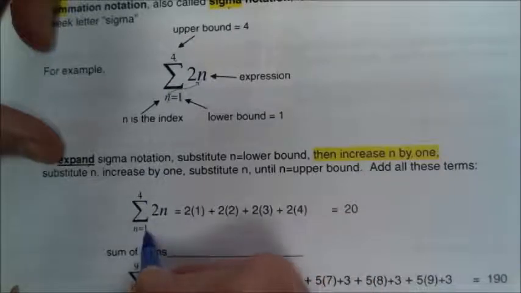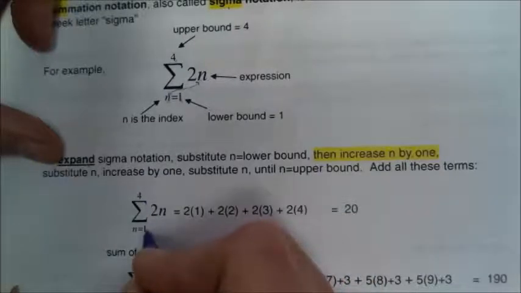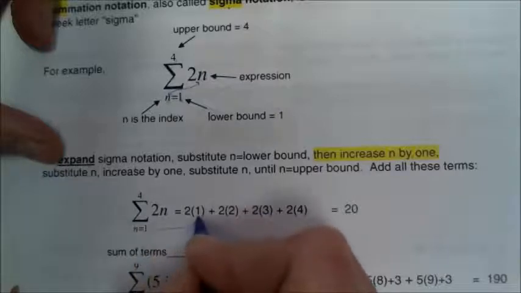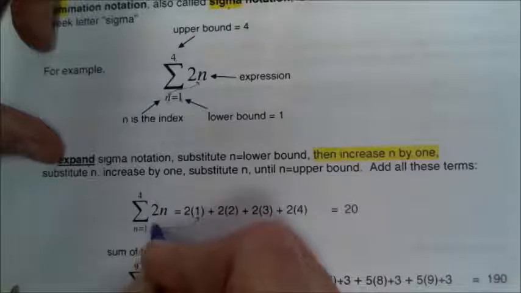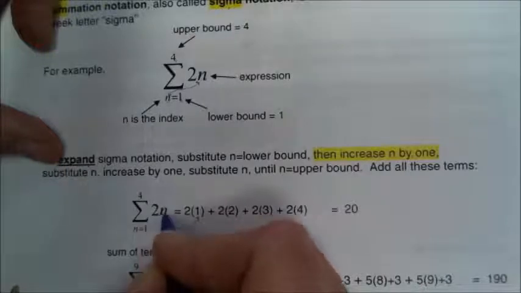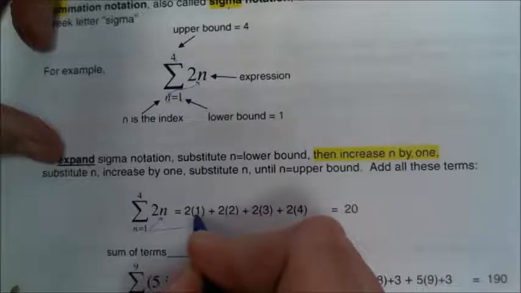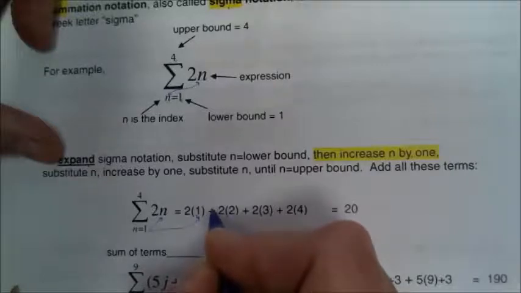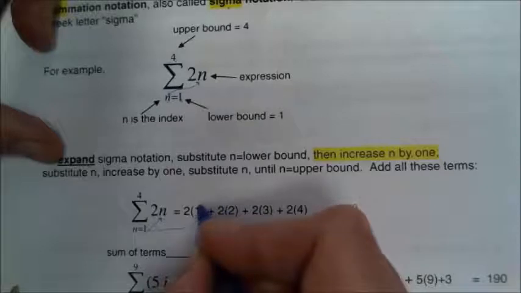You're going to start out with n equals 1. So when n equals 1, you have 2 times 1, 2n. So n gets substituted in here, 2 times 1, and you write it down. Then you're going to add to this, because sigma means add. And then you're going to bump n up by 1.